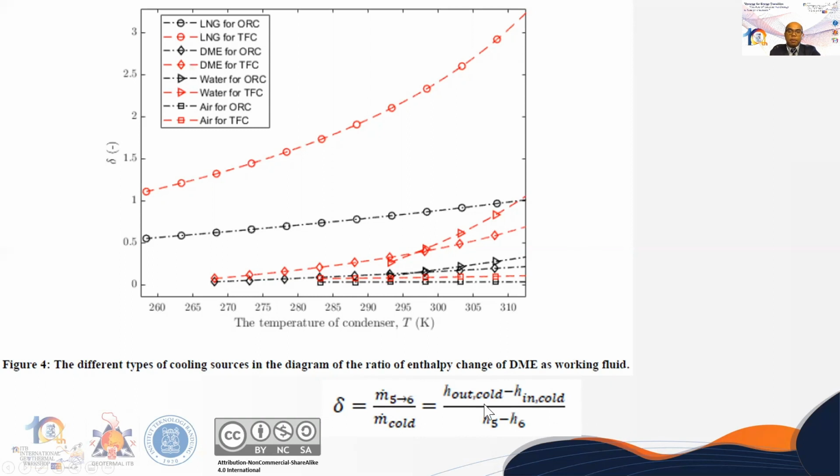This graph is only applied with evaporator temperature at 85 degrees Celsius. These figures show us that if the cycle is designed at this condenser temperature, the obtained ratio is 1.1.